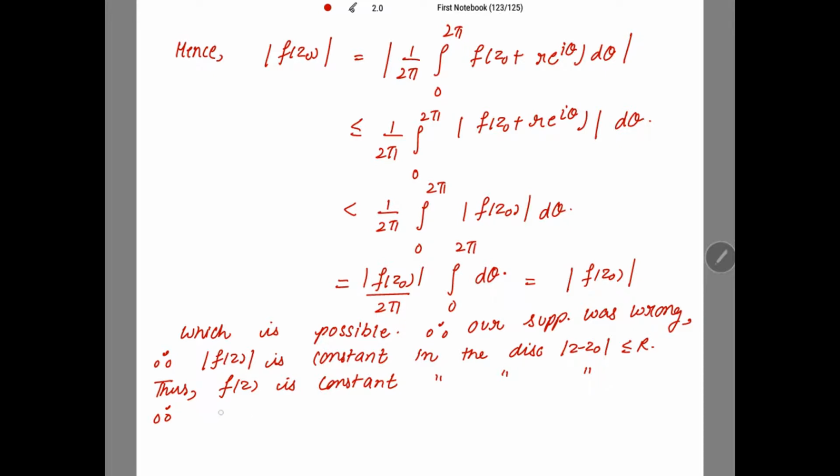So hence by the identity theorem we can say that f(z) is constant in the whole domain.